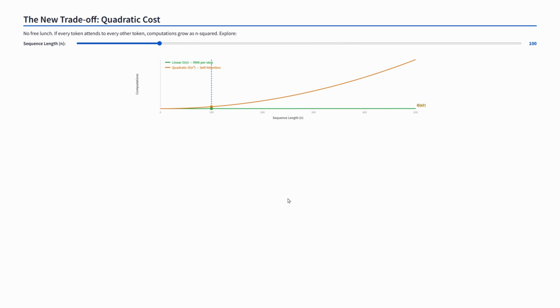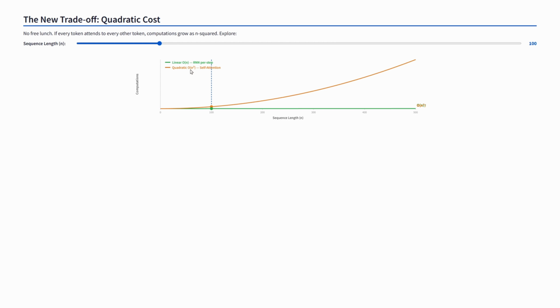There's no free lunch. If every token attends to every other token, the number of computations grows as n squared, right? Let's drag the slider and watch what happens. When I take it to, let's say, 100, you are computing around 10,000 attention pairs.